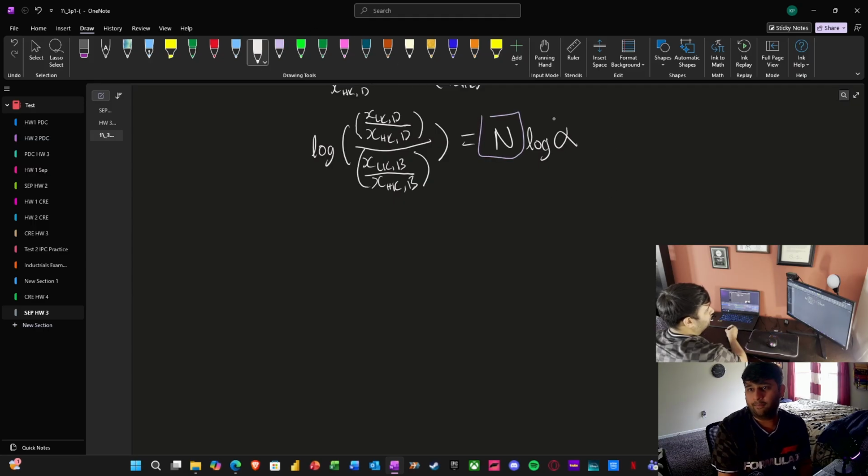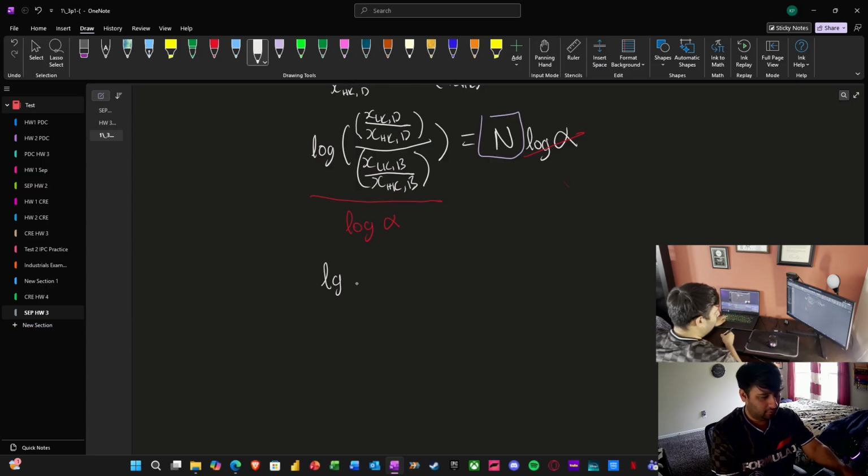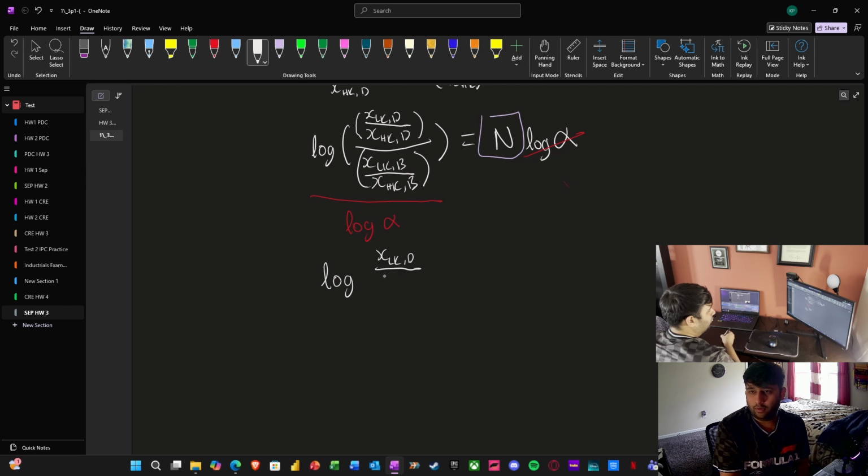So how we're going to do that is simply cancel out our log alpha, divide that, and what we end up with is log of light key distillate over heavy key distillate, over light key bottoms over heavy key bottoms, and this just equals n.